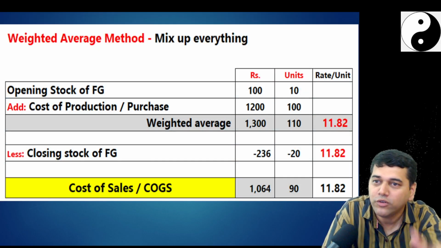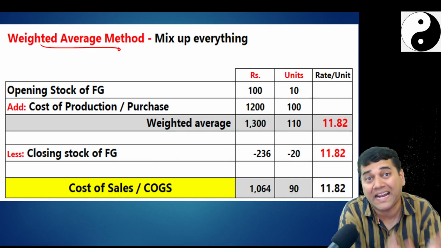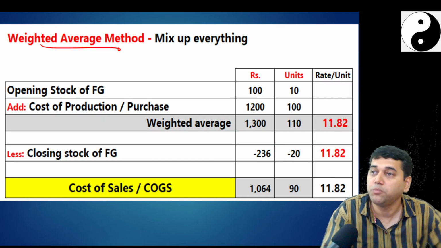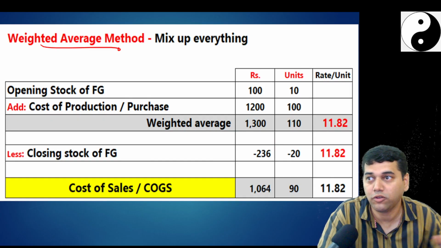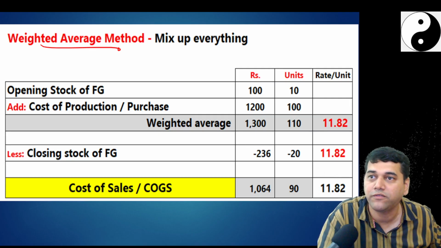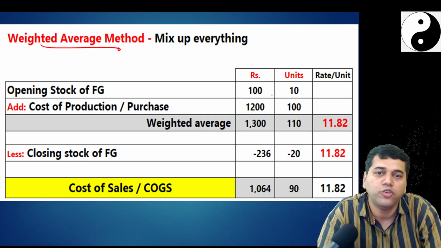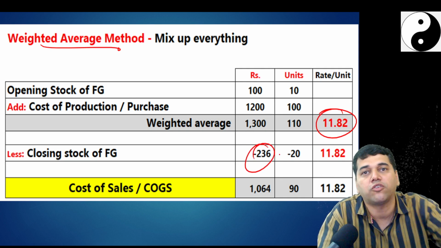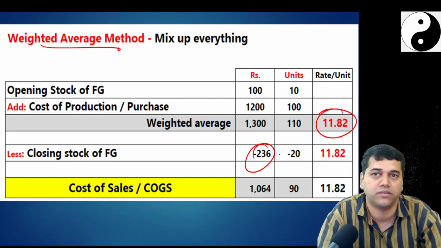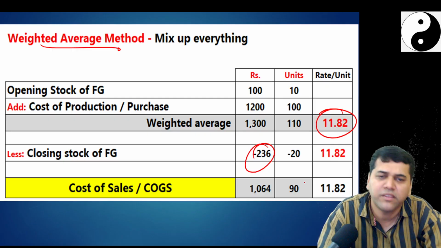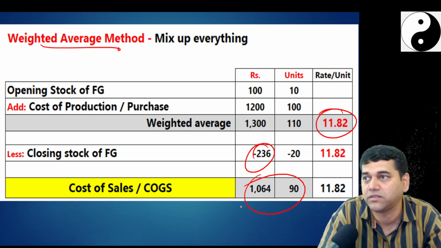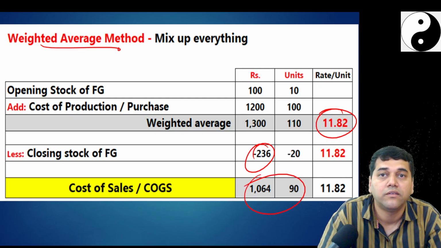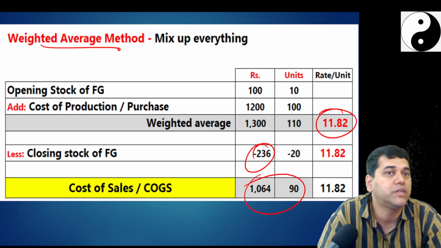Now, if you have followed the weighted average method, that means his practice, understand, is to mix up everything. He is not interested in keeping the old one first. What you would have done is find one average price and value the closing stock, whatever is remaining, at the average price. There will be some difference, not much. But LIFO is absolutely removed.